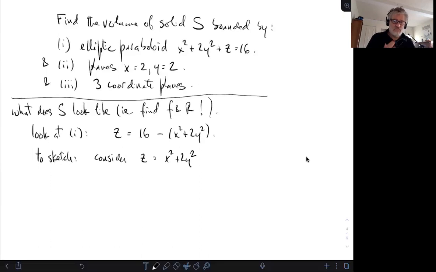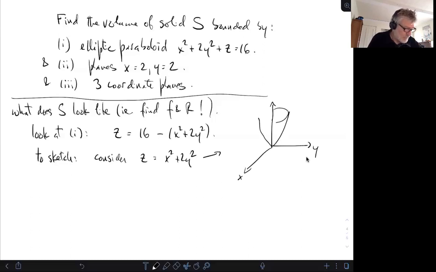This one, I know pretty much how it looks. I'm not going to worry about the elliptic part; I'll just see it as circular, it's the same thing. So think of z equals x squared plus y squared. It looks something like that, roughly.